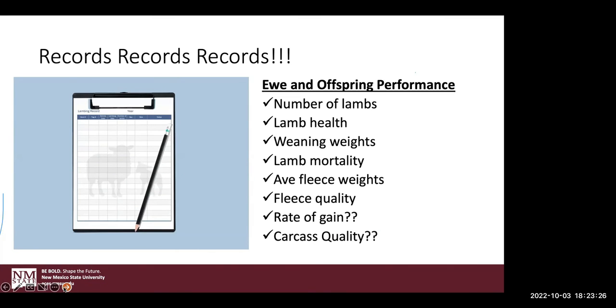If you're able to keep your lambs through the feeding stage and even get carcass data back, sometimes that's a good way to fully measure your whole program, realizing that's not realistic in some cases. But if you're in a situation that say you are going to feed a few lambs out, keep track of how they do, and then get the carcass data back and see how they do there. Okay, next slide.